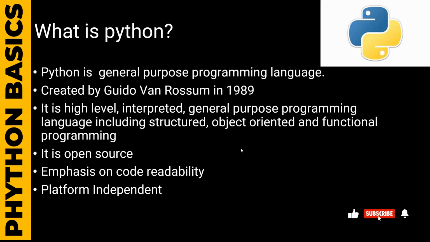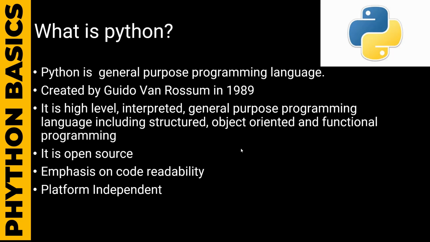So, what is Python? Python is a general programming language and it was created by Guido in 1989. It is a high-level interpreted general-purpose programming language, including structured, object-oriented, and functional programming. It is open source, so you can see the actual Python code on GitHub and other platforms.